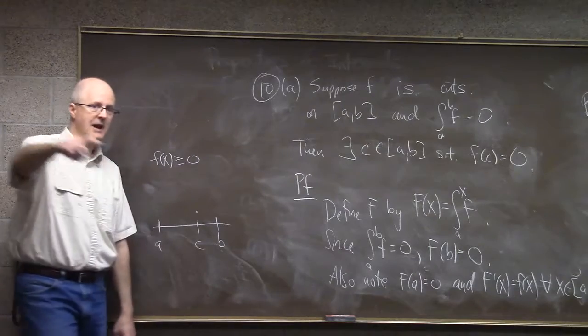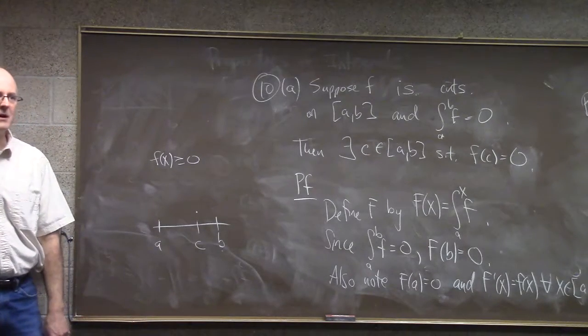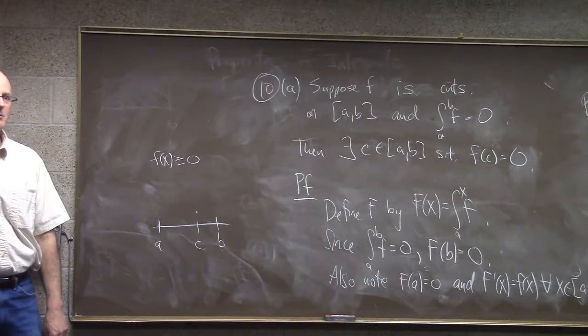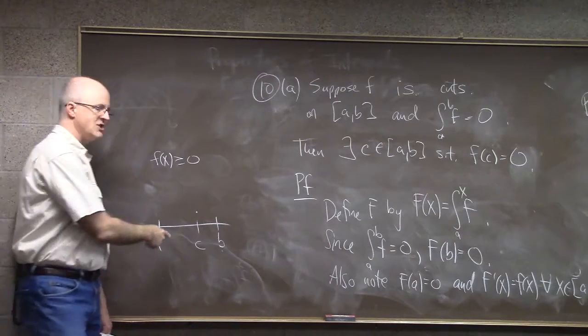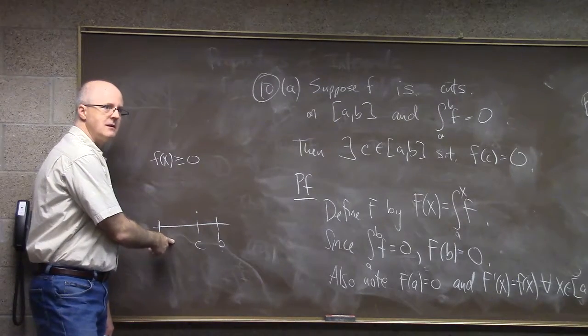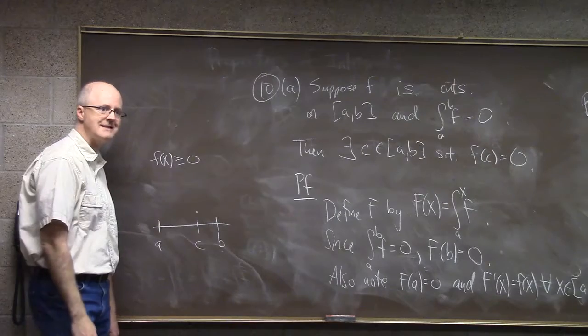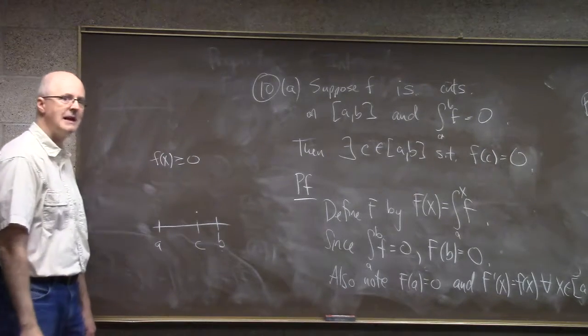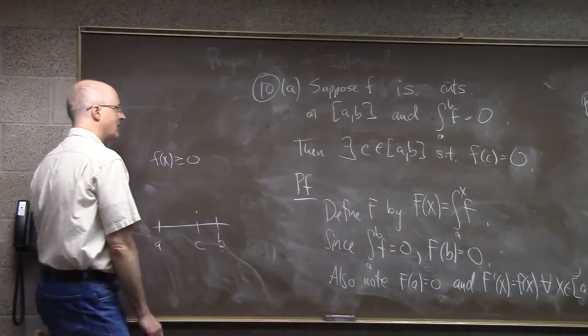And do you remember from chapter 3 about continuity? You had a problem that was just the situation. Assume you've got a function that's continuous at c and positive at c, and you had to prove, oh, what were the letters?